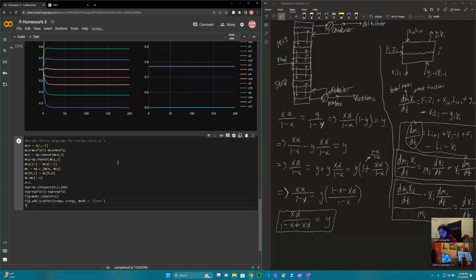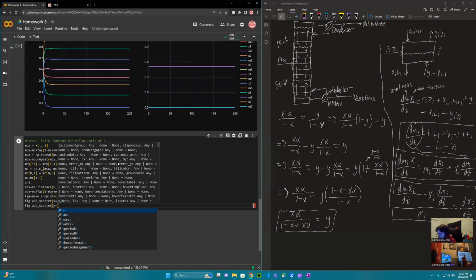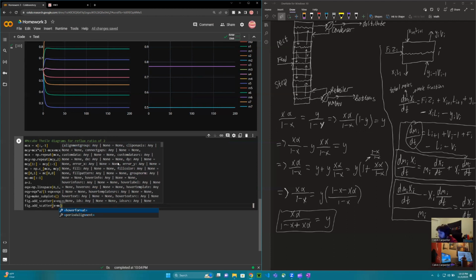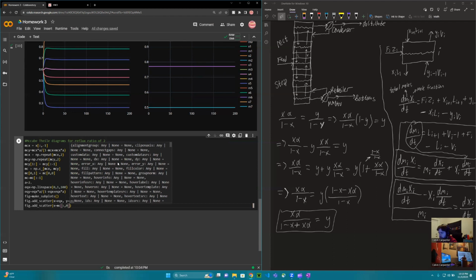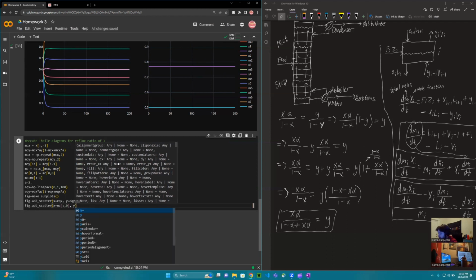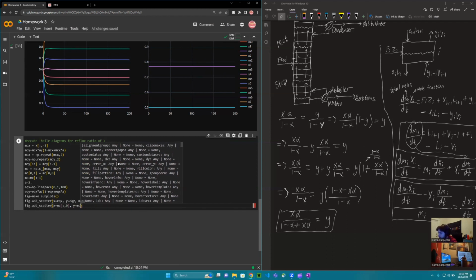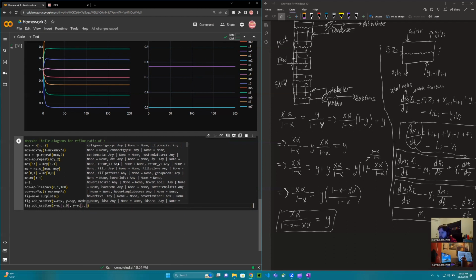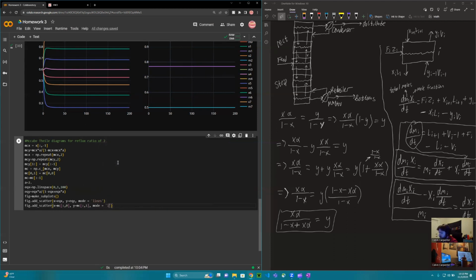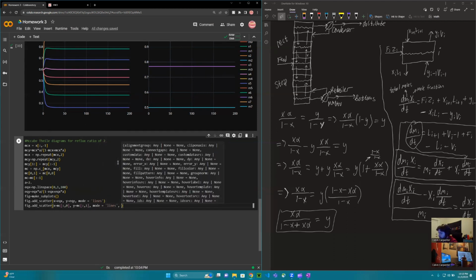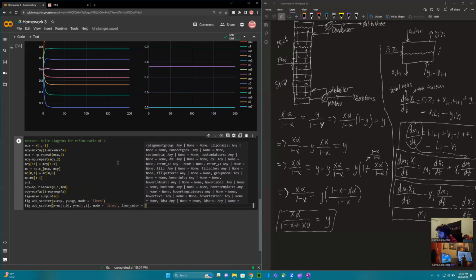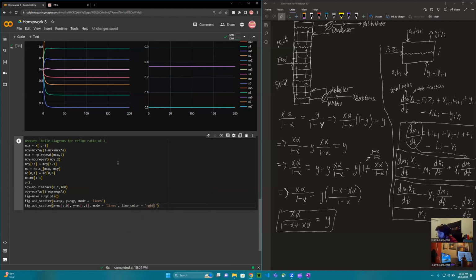Okay. fig dot add_scatter, x equal to C colon 0, y is equal to MC colon comma, mode defines, 0 255 0.